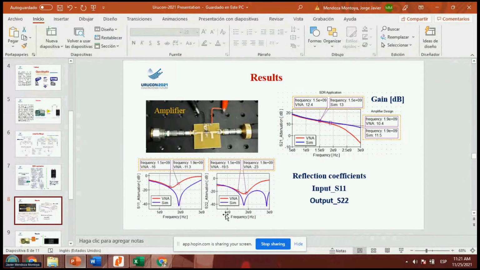There is a little bit of difference between the measurement and the simulation. At 1.9 gigahertz, the frequency design of the amplifier, we got 10.4 dB of gain in a real scenario measurement with a VNA.